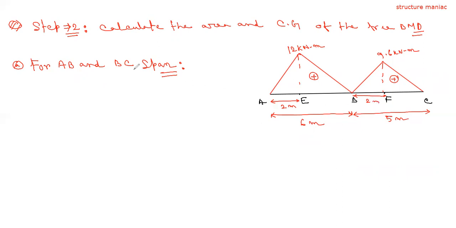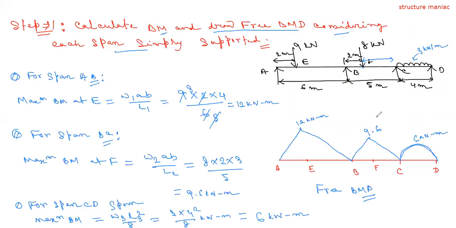So at first for AB and BC span, to avoid confusion and make it easier. For AB and BC span, we have the free bending moment diagram. For AB span, we have a triangle with maximum bending moment 12 kilonewton meter, and for BC span 9.6 kilonewton meter.